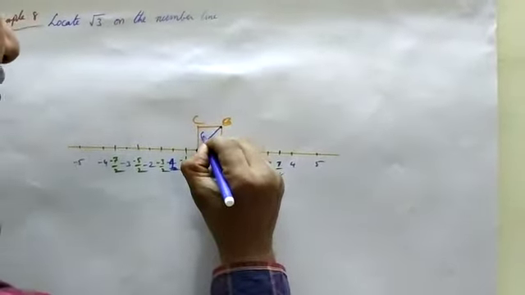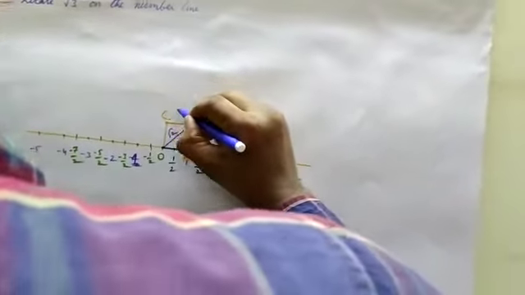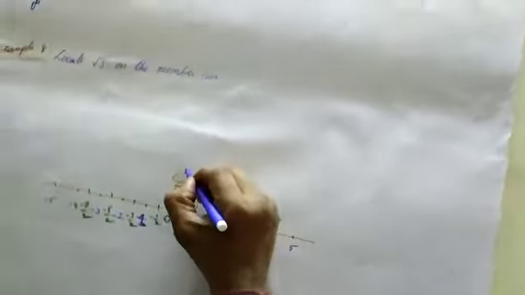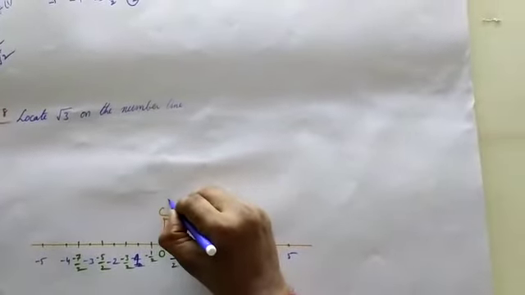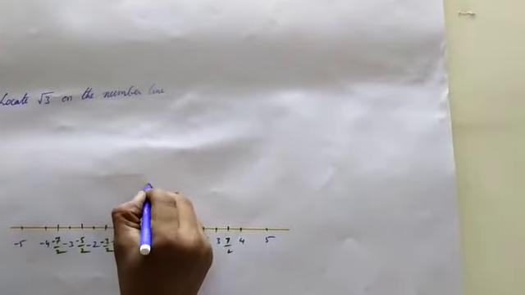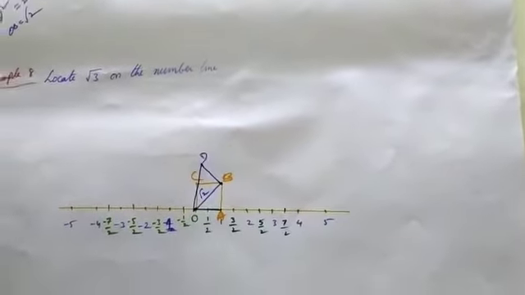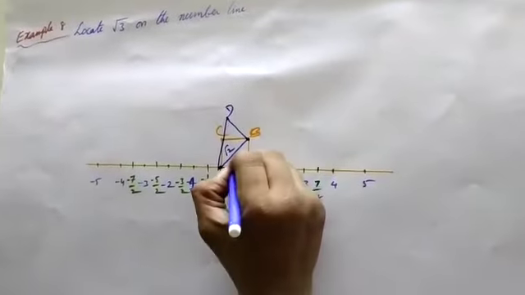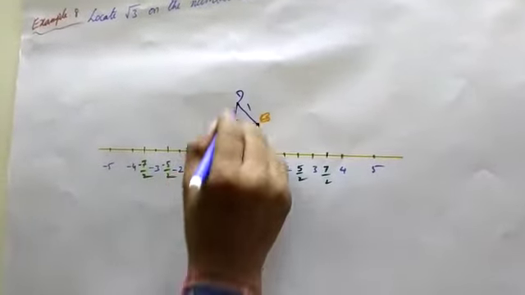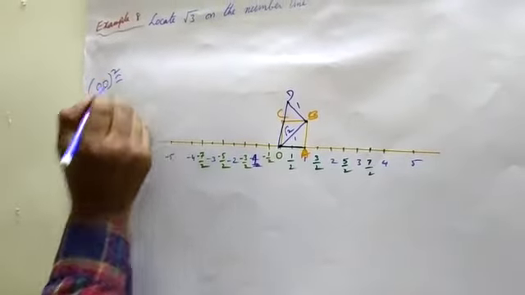At B, exactly at 90 degrees, this is also 1 unit. Join to a point, for example D, which is 1 unit from B. Find OD.